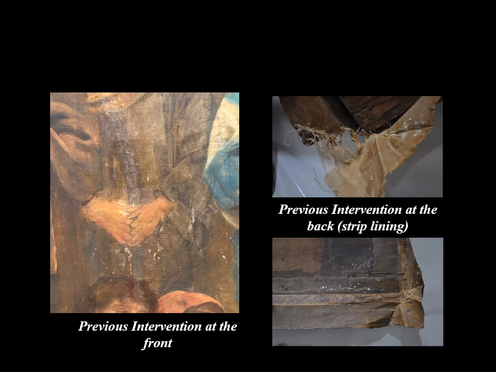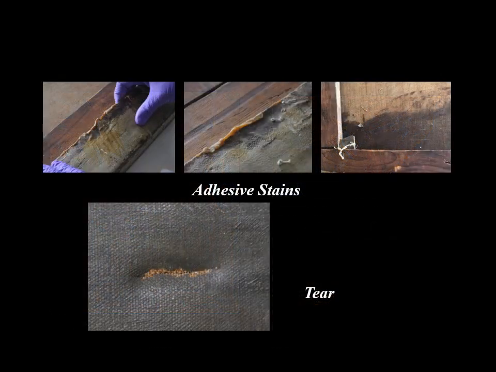A previous strip lining was also seen at all four edges of the canvas. At the back side, adhesive stains were present at all four edges. As the fabric was brittle, tears emerged at the bottom portion.